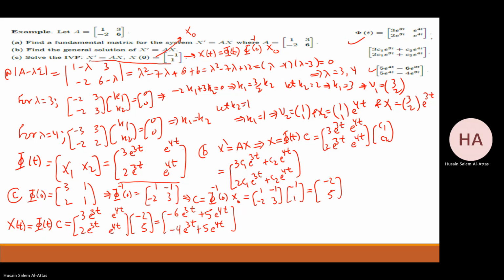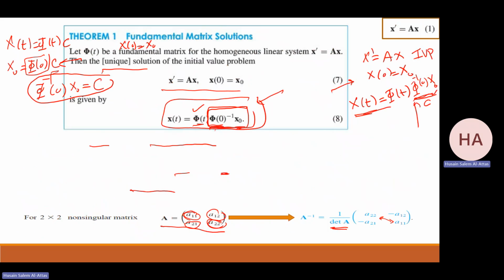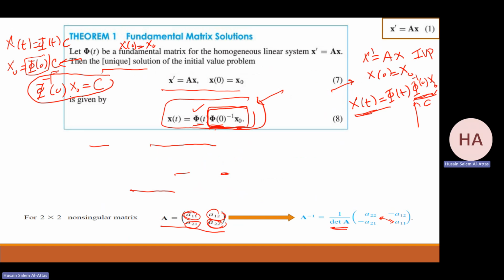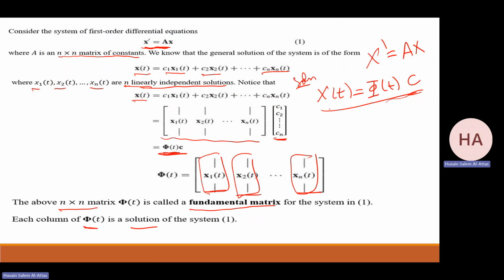That's it. I think we did a good example about this fundamental matrix, where we explain it. The fundamental matrix is just the solutions, which are vectors, listed as a matrix. If you have the system x prime equals Ax, the solution will be this fundamental matrix times c, the vector of constants.